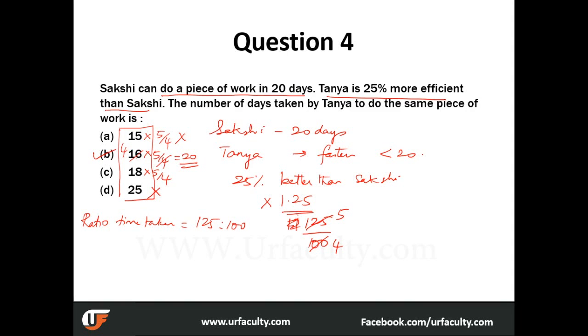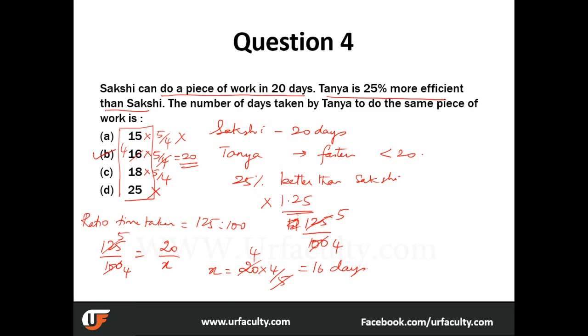So we just equate this. 125 by 100 is equal to what? They have said that Sakshi is 20 days and let's assume Tanya is X number of days, right? So same principle, 5 by 4, X is equal to 20 into 4 by 5, 16 days.